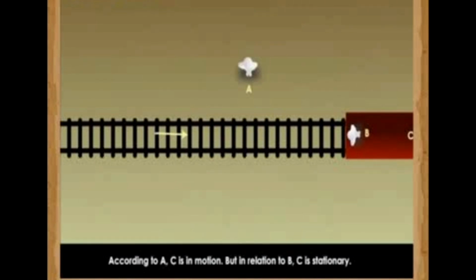The two persons sitting inside the train are in the rest position, but the objects outside the train are moving with a velocity. So that is the concept of rest and motion. So here we are going to define how we can define the motion of an object with velocity, magnitude and direction.